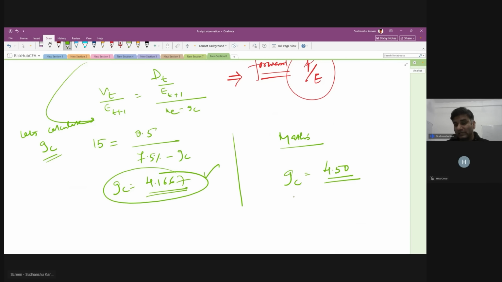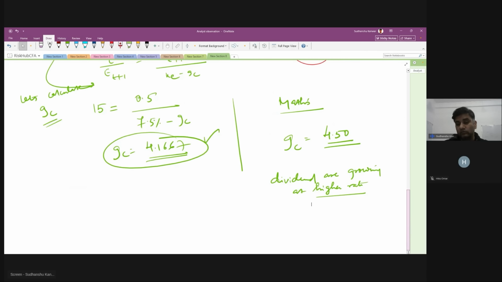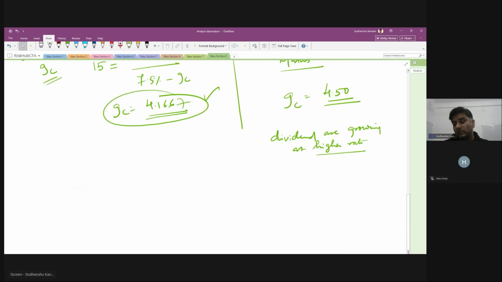So if dividends are growing at a higher rate, you tell me, what is the expectation of the future?